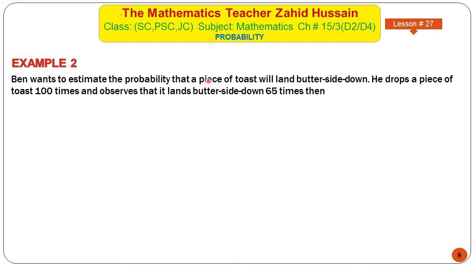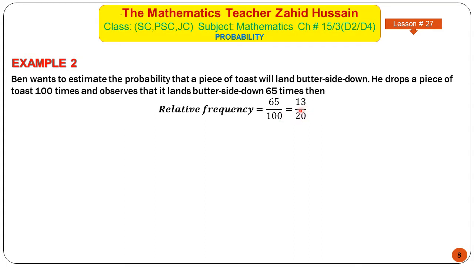Estimate the probability that piece of toast will land butter side down. So relative frequency will be, because butter side जो है वो 65 times लैंड होता है, और टोटल ट्राइज क्या है, जितनी दफ़े हमने टोस्ट को ड्रॉप किया वो 100 है. तो 65/100 will be equal to 13/20 in simplest form.